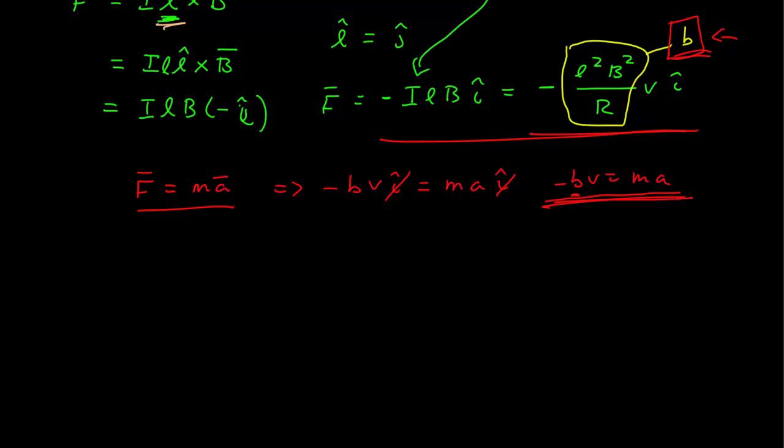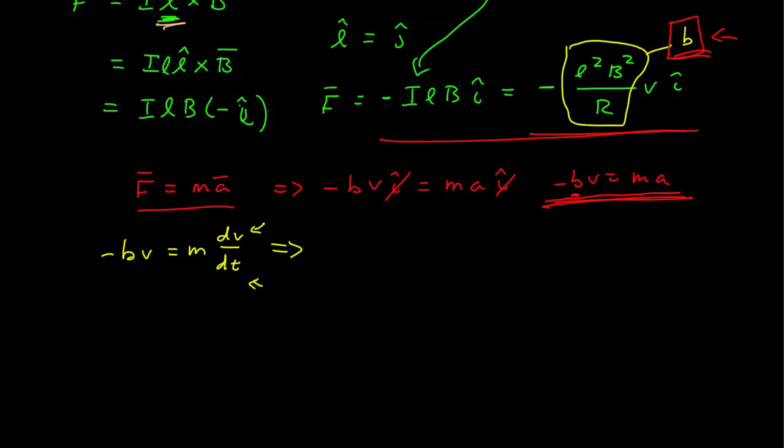All right. So let's start by integrating this. So negative bv is equal to m times dv/dt, since a is the derivative of v. And so I want to separate the variables v and t in this system.